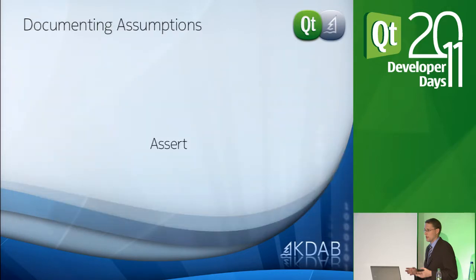So what else do we have? Also slightly related to debugging. Often the problem you're debugging is actually caused by violating some assumption that the original author of the code made. So it's quite important that you actually document all these assumptions. And the best way to do that is using asserts.